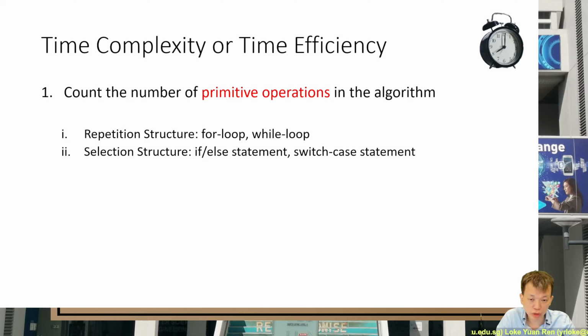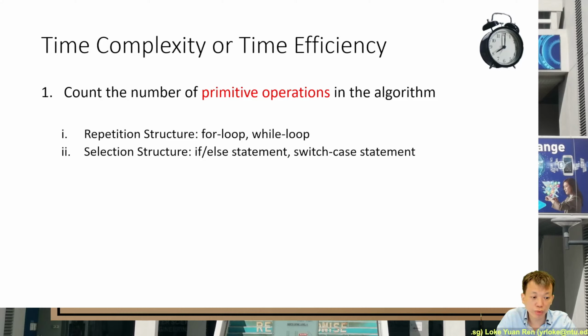So we need to consider all the scenarios to understand the time complexity of an algorithm. Normally we are interested in the best case, worst case, and on average, the time complexity.